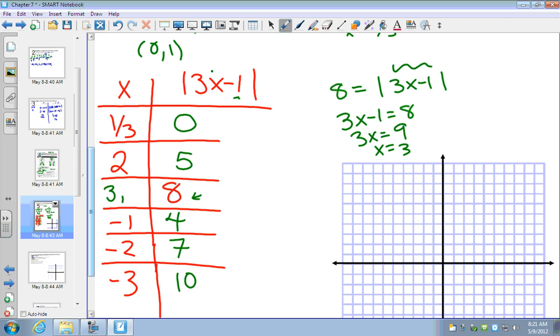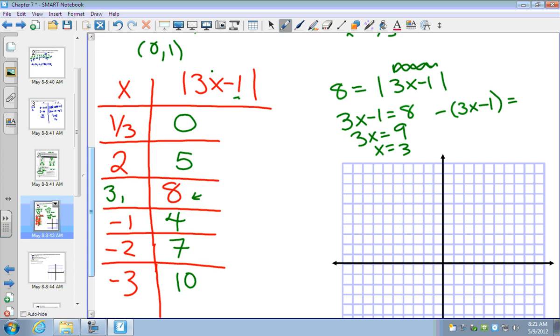If this whole part was negative 8, then we would also get the same answer, right? Because the absolute value of negative 8 is 8. So what I'm saying is if this whole thing in the middle was negative, it would also give us the answer.